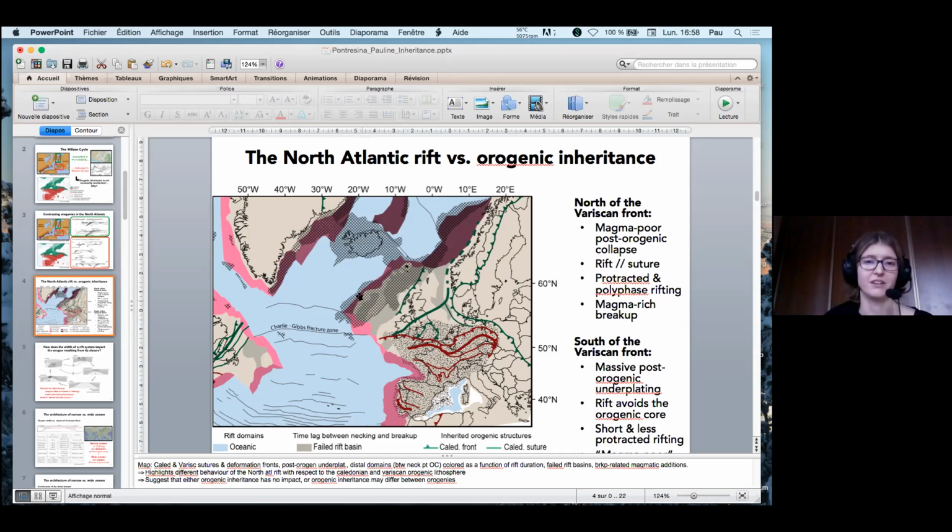But specific structures are reactivated essentially depending on their orientation with respect to the stress field. So similar weaknesses can be reactivated or not depending on the stress direction. I'm not sure if you are speaking about a specific feature, but I'm not sure I know it.